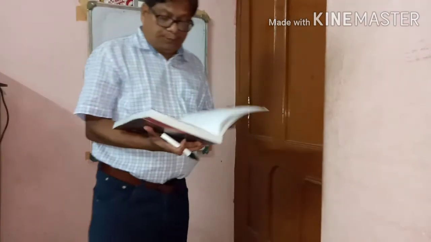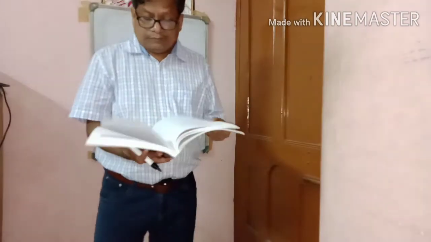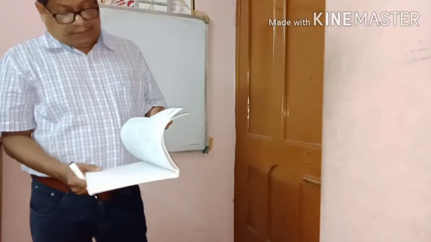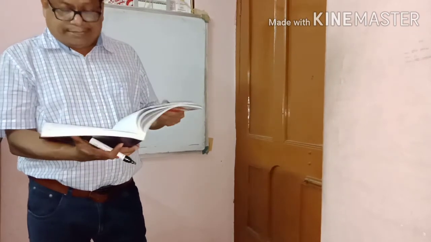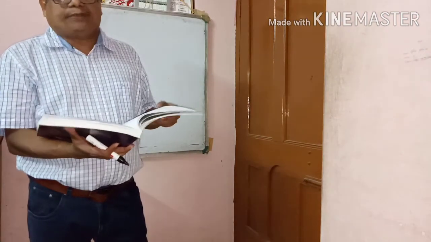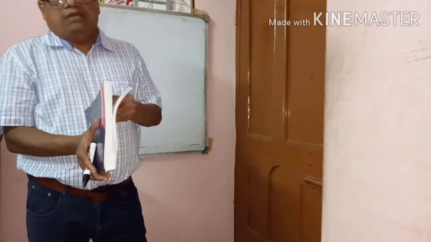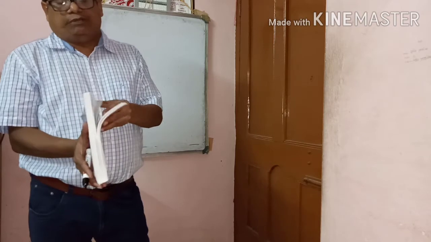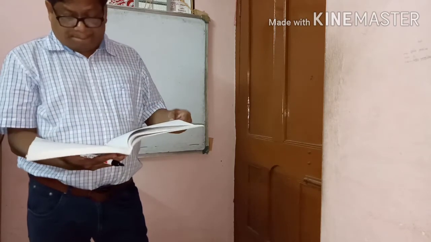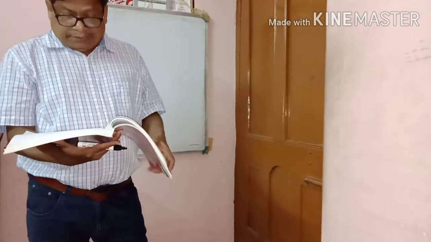Now I am showing one sum, look here. You will get various types of figures, suppose a pentagon, hexagon, right angle triangle, or kite.